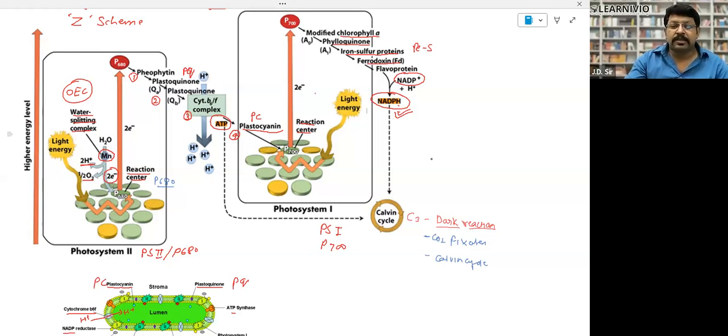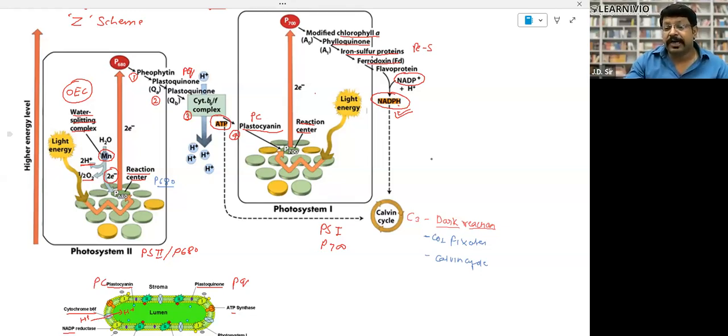After jumping, this electron is received by its reaction center, a special chlorophyll molecule. Then it is transferred to the iron sulfur protein, FeS complex. From the FeS complex, it is transferred to ferredoxin, FD. From ferredoxin, finally the electron is transferred to NADP plus.